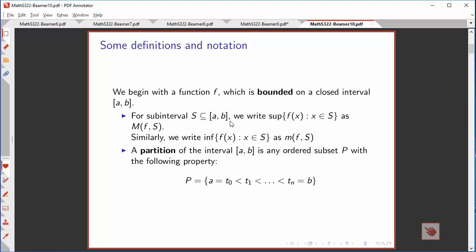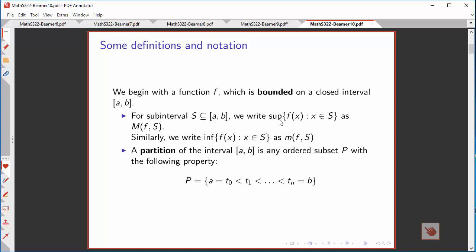Now for some definitions of notation. Let's consider a subinterval of this closed interval. Let's think about the largest value achieved by the function on that subinterval.